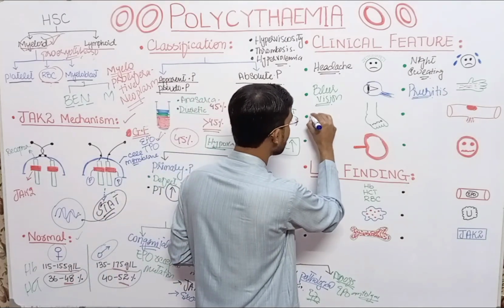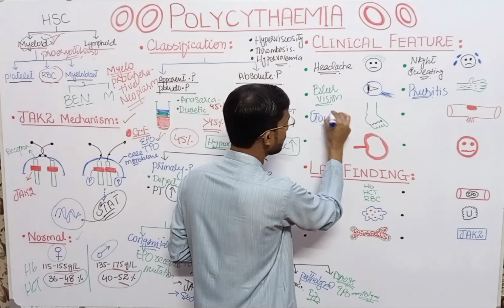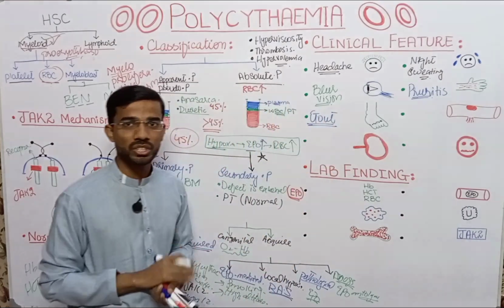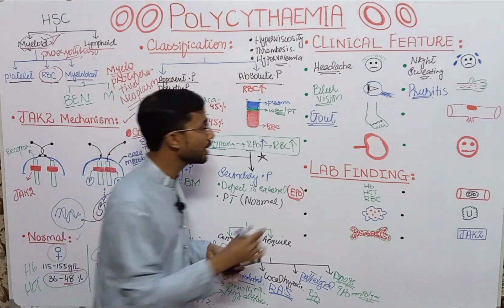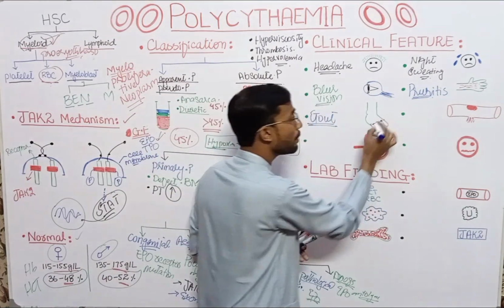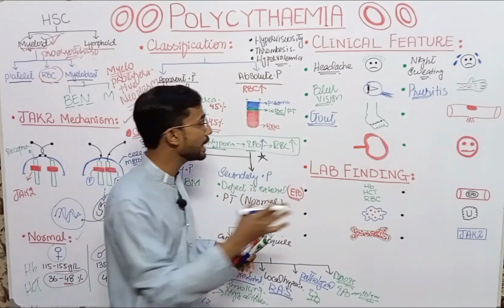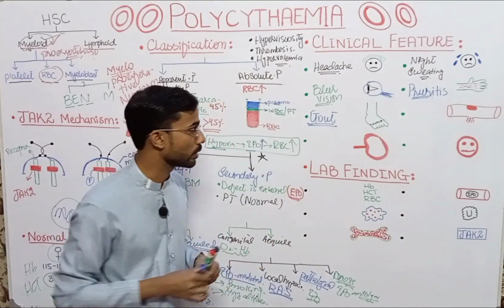And gout. In polycythemia vera, uric acid concentration is increased. Due to the increase in uric acid, uric acid deposits in the metatarsophalangeal joint, and it causes gout.